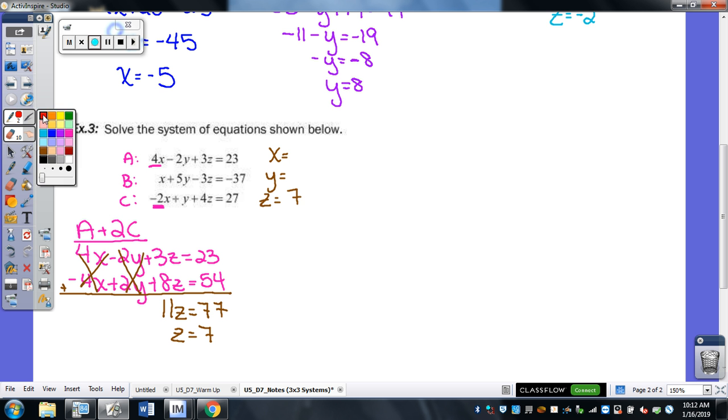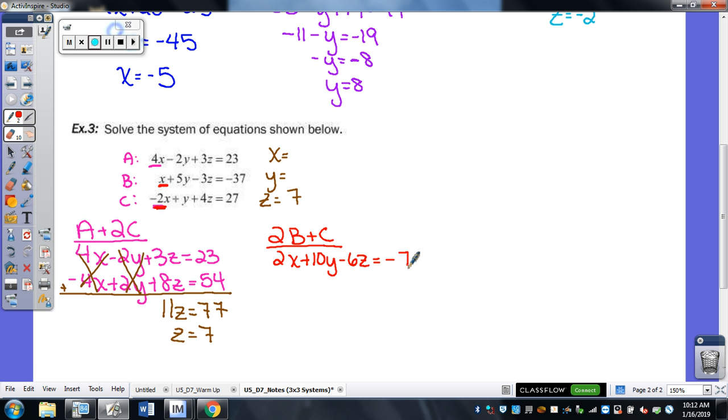So for that, this time I'm going to use B and C. I want to do 2 times B to make that x a positive 2. And then I'm going to add to it C, so that gives me 2x plus 10y minus 6z equals negative 74.